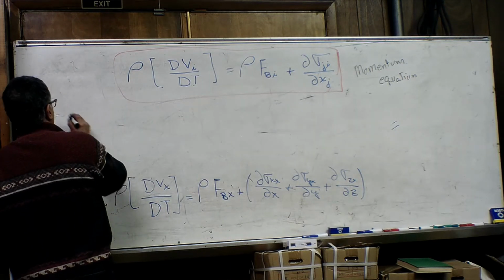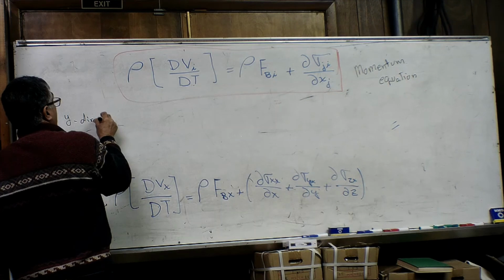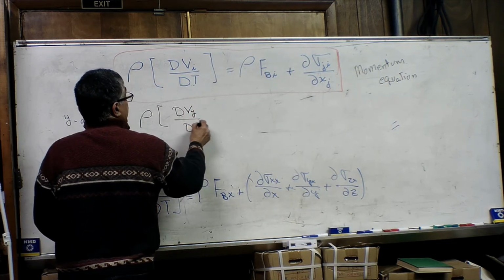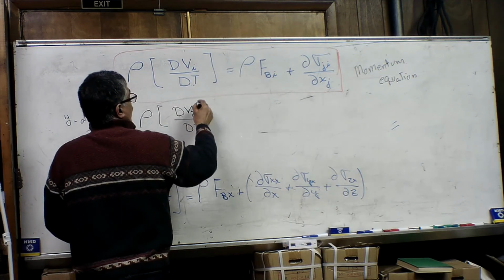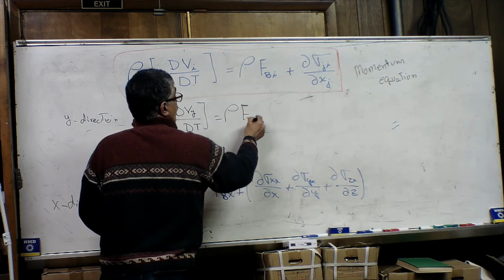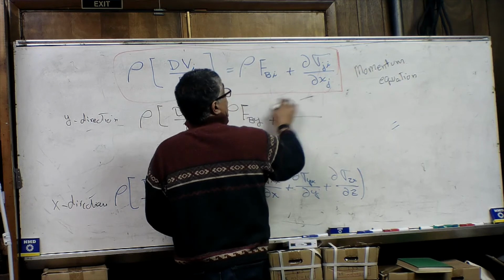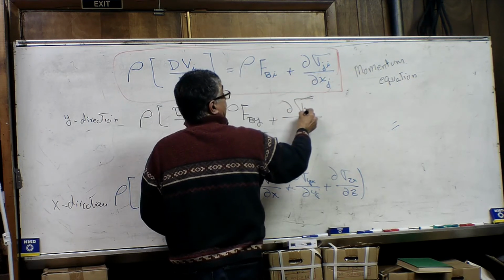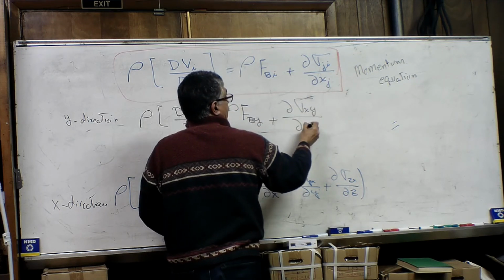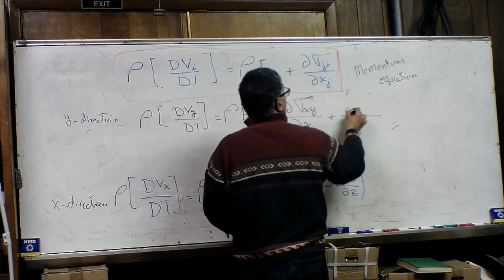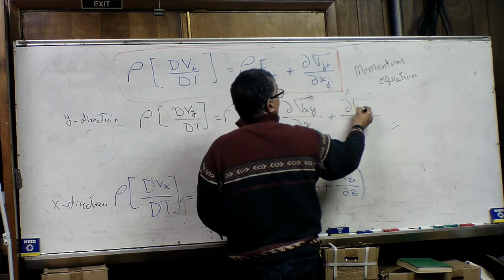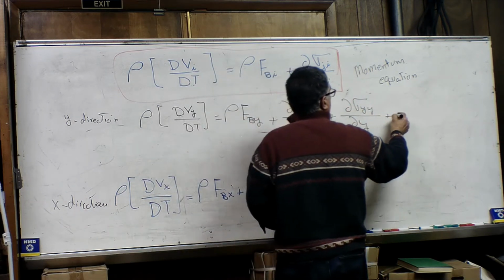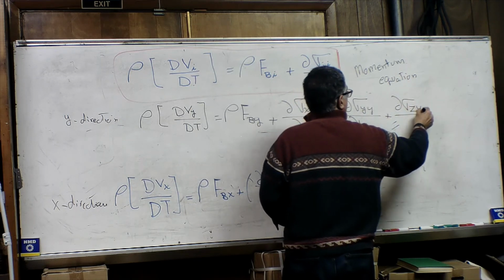The momentum equation in y direction will be rho dVy/dt. Wherever there is i, we put y: rho times body forces in y direction plus, and j represents all the components, so partial derivative of sigma xy with respect to x plus partial derivative of sigma yy with respect to y plus partial derivative of sigma zy with respect to z.